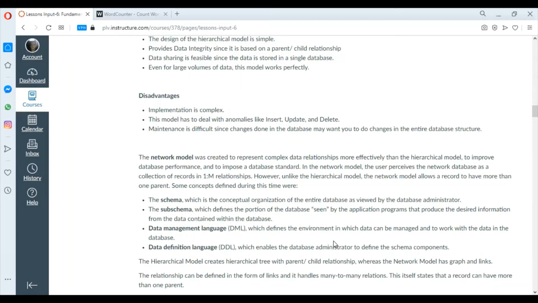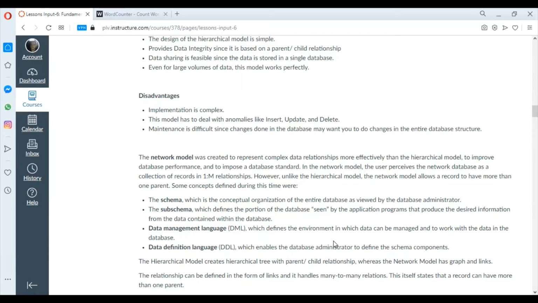So the concepts that were defined during this time are the schema, which is the conceptual organization of the entire database, viewed by the database administrator. You have the subschema, which defines a portion of the database seen by the application programs that produce the desired information from the data within the database.